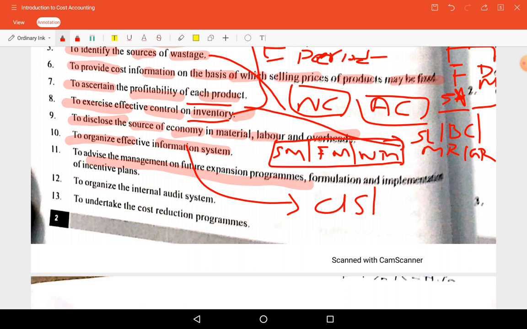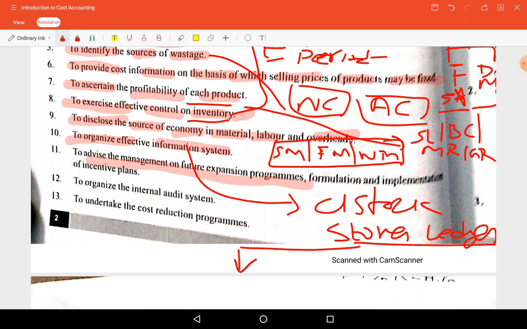For that, the stores ledger will be prepared. Some of the points I am saying are about the next chapter also, so that you can understand these things later on. What is your closing stock under FIFO, LIFO, weighted average, simple average, weighted average price method, like this.